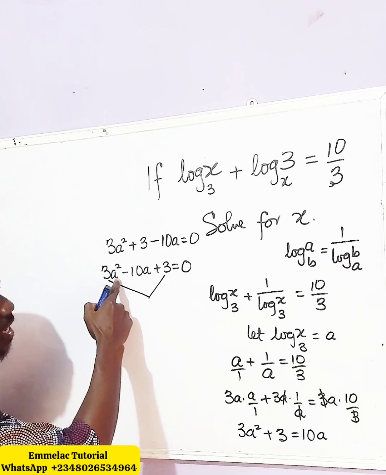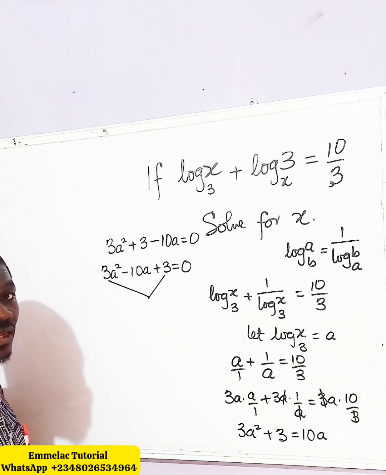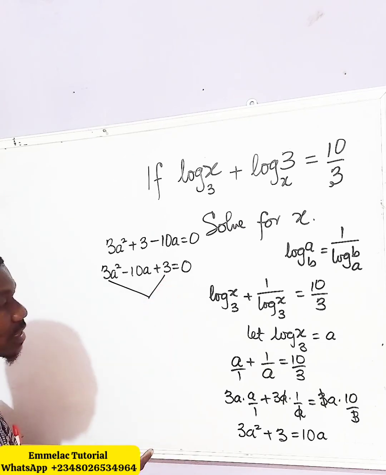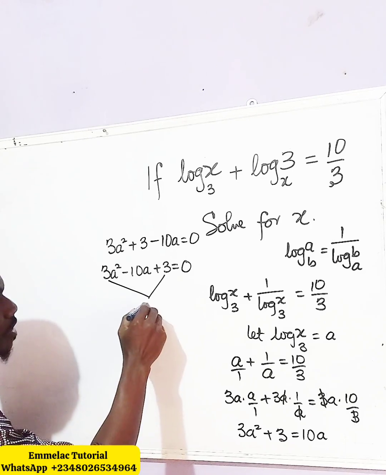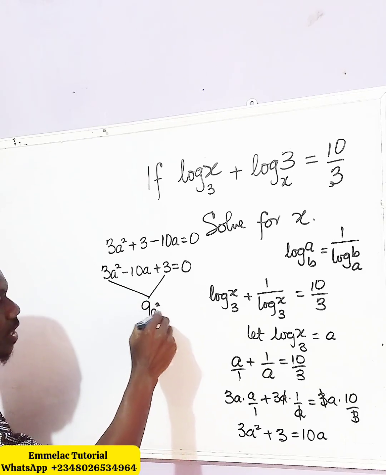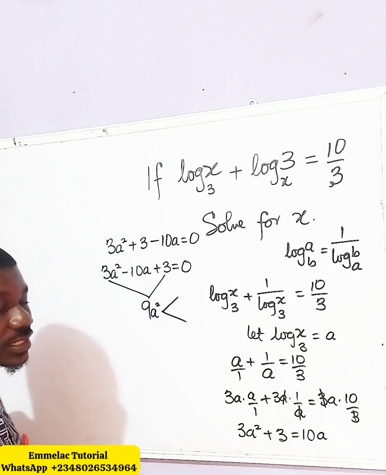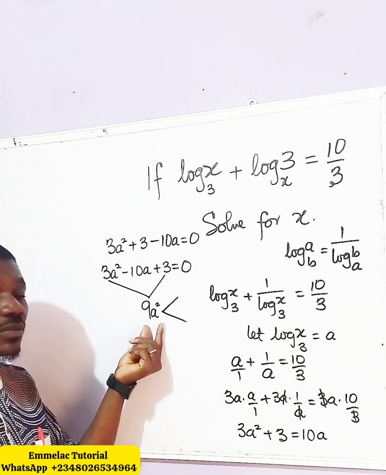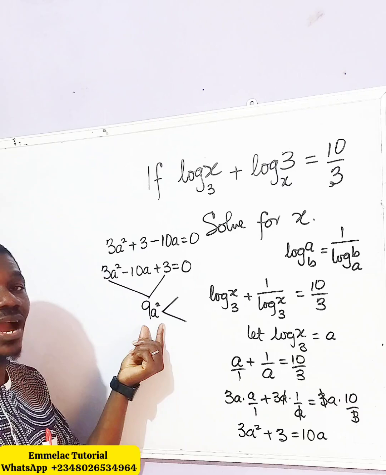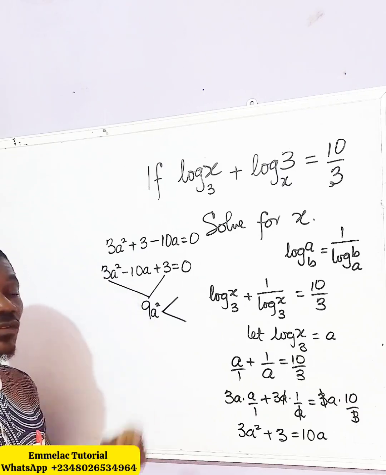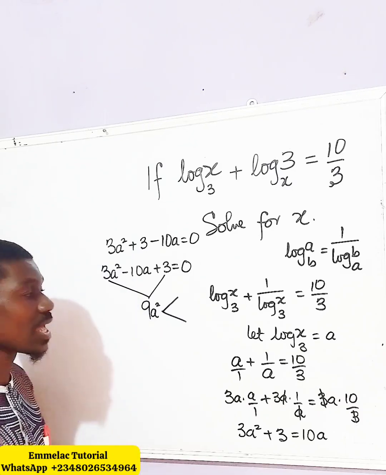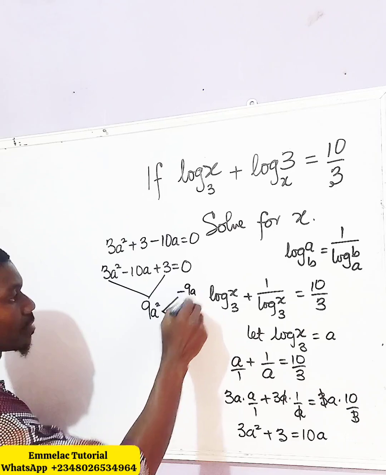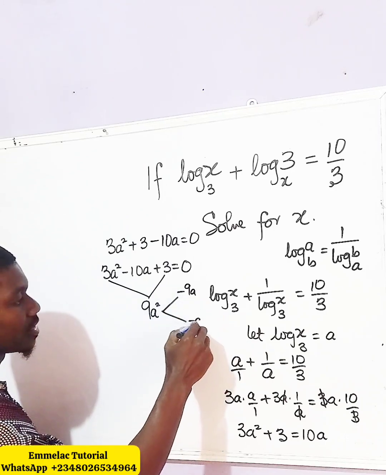Since a squared has a coefficient of 3, we multiply that coefficient by the constant 3, and we end up with 9a squared. The next thing is to find two numbers which multiply to give 9a squared and add to give negative 10a. Those two numbers are negative 9a and negative a.